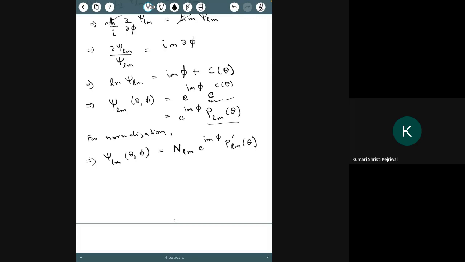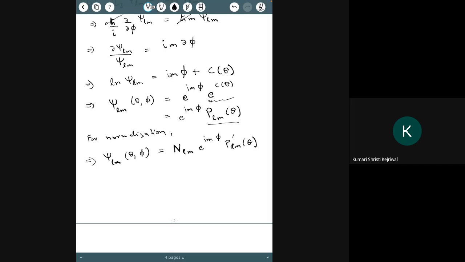One is that, since we are dealing with a wave function, it must be single valued, meaning that at an angle of phi and an angle of phi plus 2 pi, since the wave function is the same, the value of Lz should be the same. So what we're demanding is a rotational symmetry.